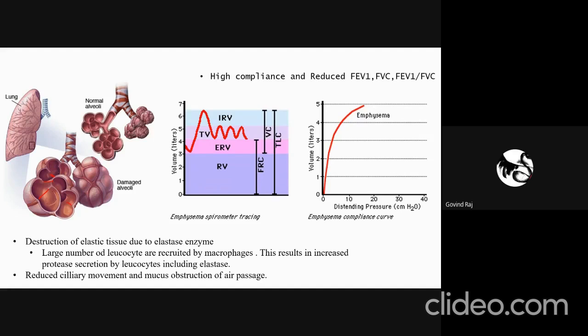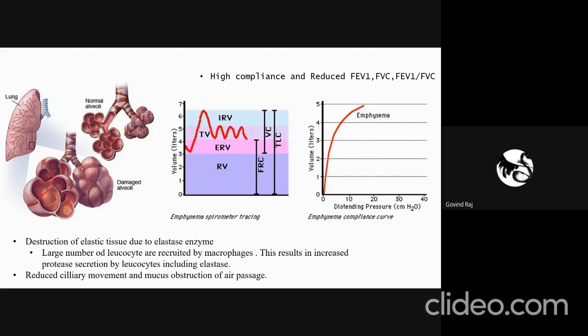The floppiness of the alveoli increases because of the wall destruction, and thus a small pressure will create a large volume change. That is what is seen in this graph, and because of this the vital capacity and all will be increased beyond normal, and the residual volume will also increase.